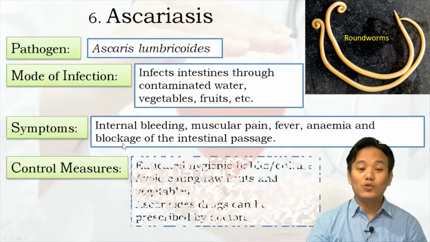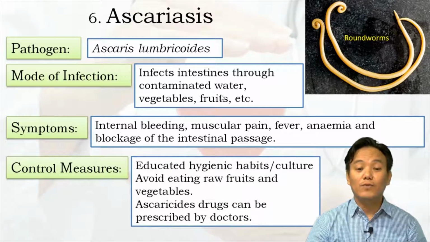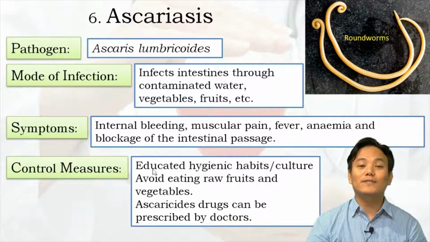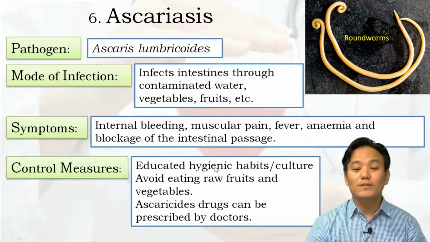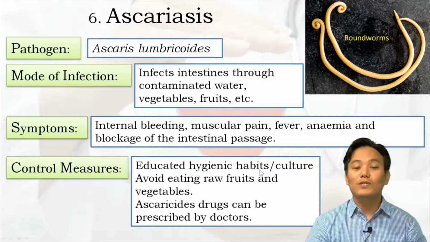So what are the control measures? Since it infects through contaminated food and water, we have to follow educated hygienic habits, such as using toilets instead of going out to do your business. That kind of hygienic habit should be put into culture.